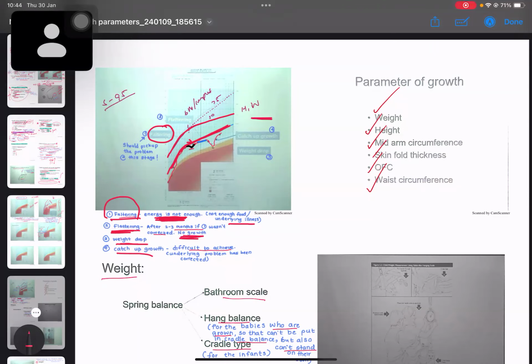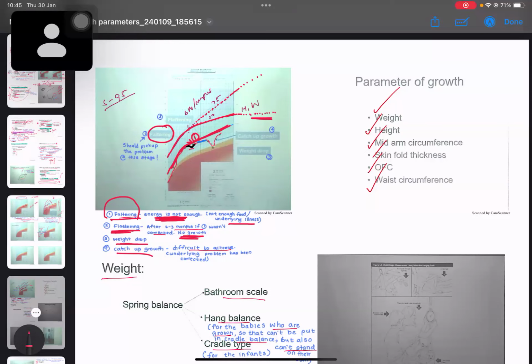After correction, the graph should go like this. If it's corrected properly, the graph should grow in this manner. But the graph has not attained the normal or the previous pattern. It is still dropping, or it's flattening.